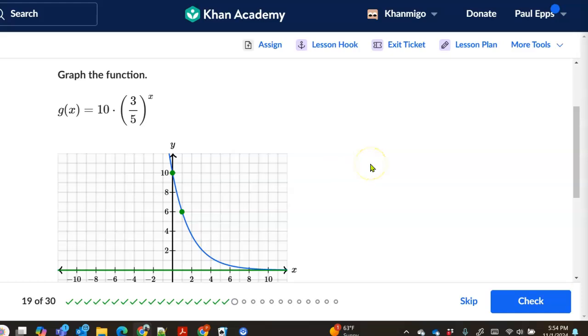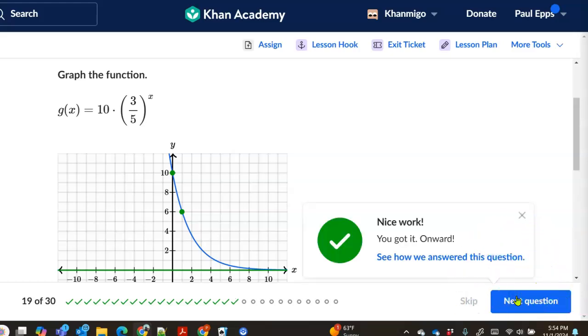The rest of it looks fine because as x gets bigger, the asymptote is definitely at y equals 0. The horizontal asymptote is definitely y equals 0. So that looks right. I don't think I can really improve on that based on what we're given here. Okay.